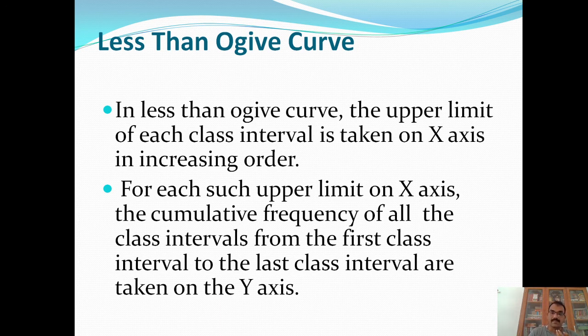For each such upper limit on the x-axis, the cumulative frequency of all the class intervals from the first class interval to the last class interval are taken on the y-axis. So cumulative frequencies are taken on the y-axis.